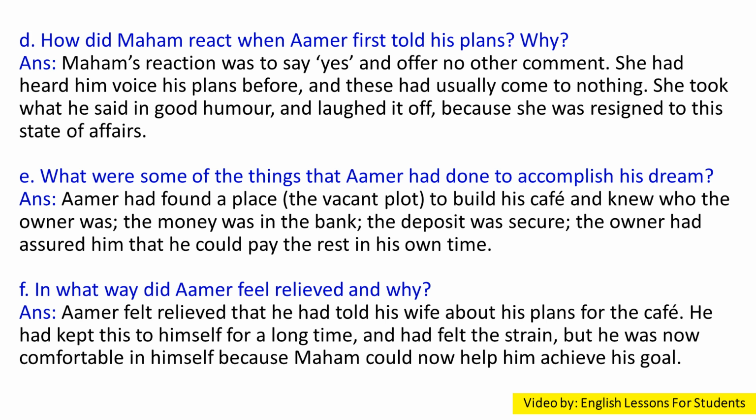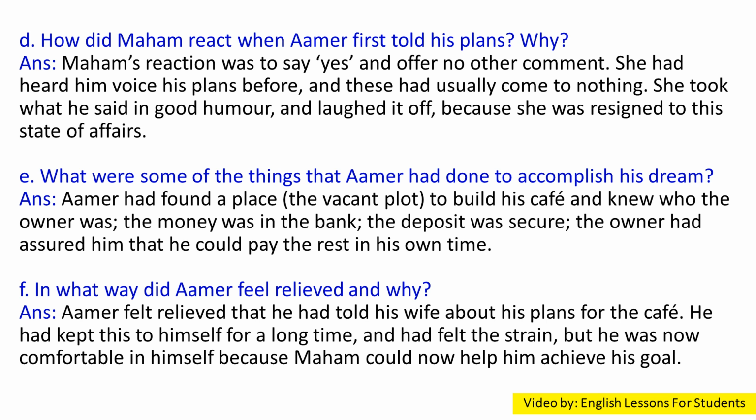Maham's reaction was to say yes and offer no other comment. She had heard him voice his plans before, and these had usually come to nothing. She took what he said in good humor and laughed it off because she was resigned to this state of affairs.